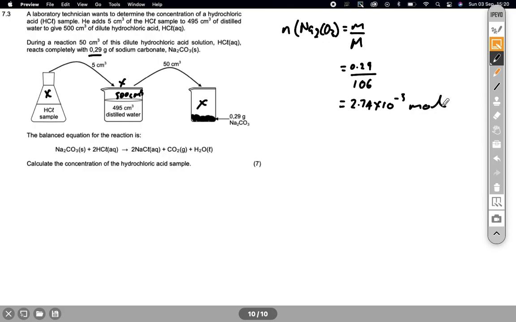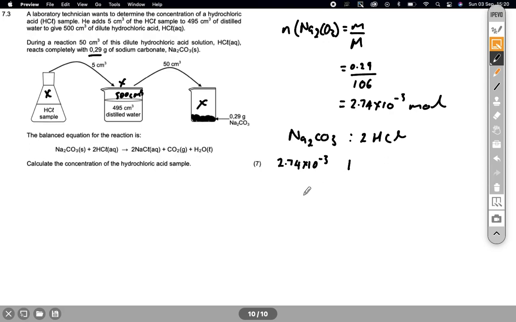Okay, now that we have the number of moles of sodium carbonate, we can use the ratio of that and the HCl to get the number of moles of HCl. And we can see from our molar ratio that for every 1 sodium carbonate that we have, we need to have 2 times that for HCl.